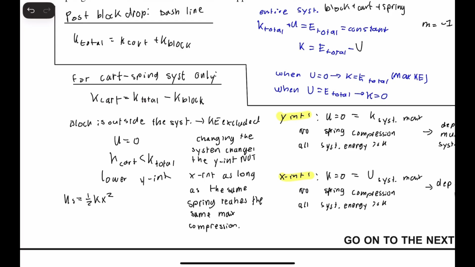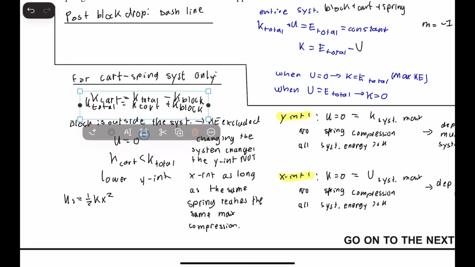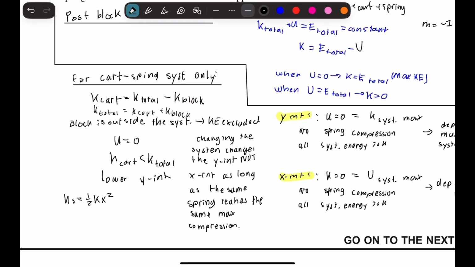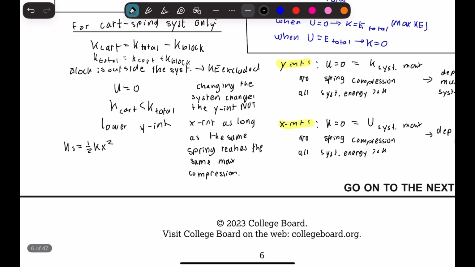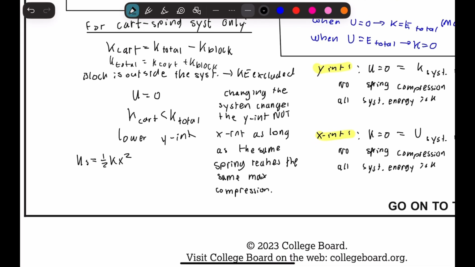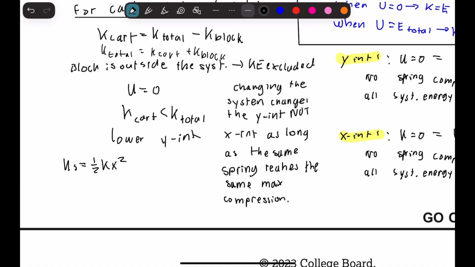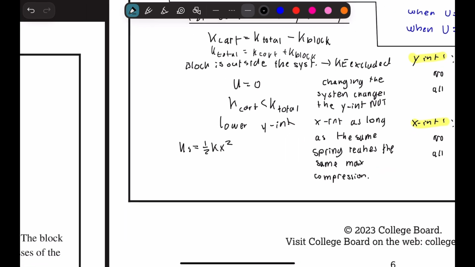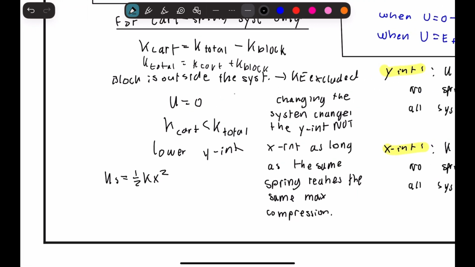K total was this, so if we rearrange that for K cart, and the block is now outside of the system, we have to exclude the kinetic energy of the block. So at any spring potential U, some of the kinetic energy belongs to the block, and then we just have the cart alone.